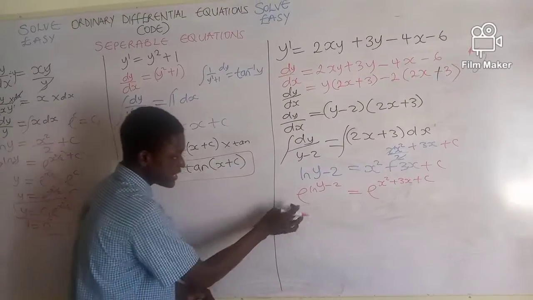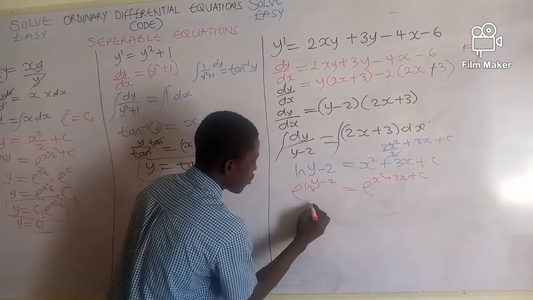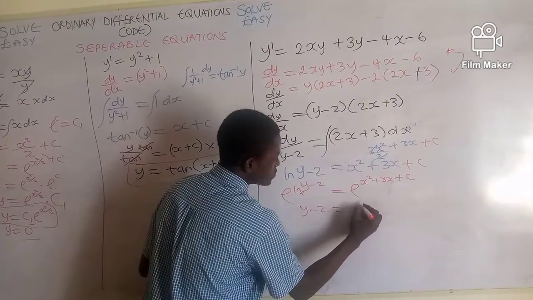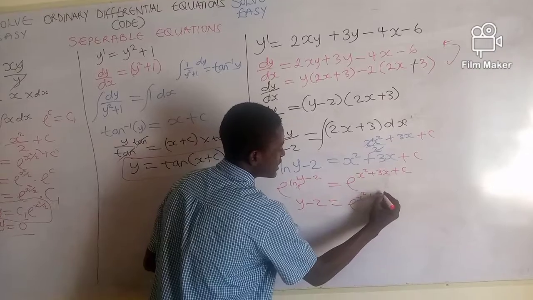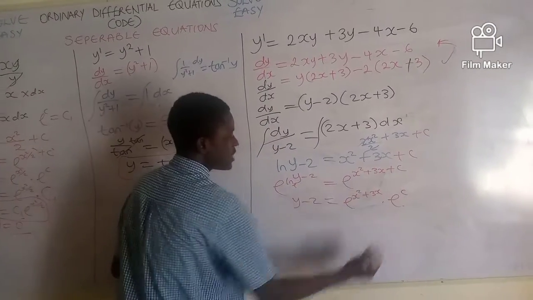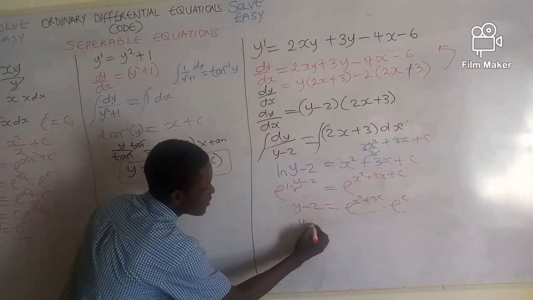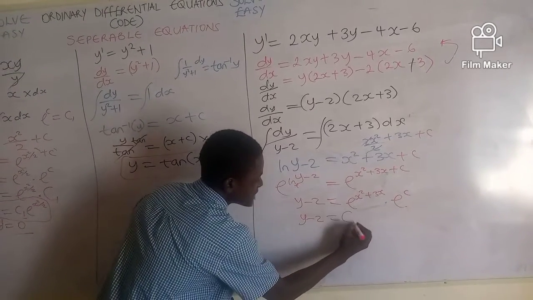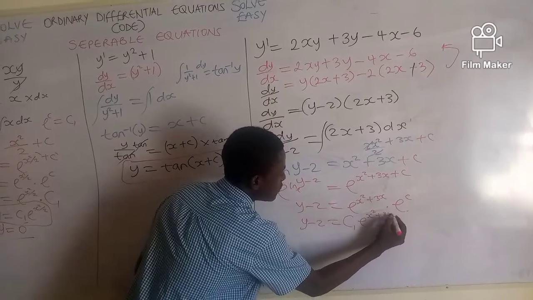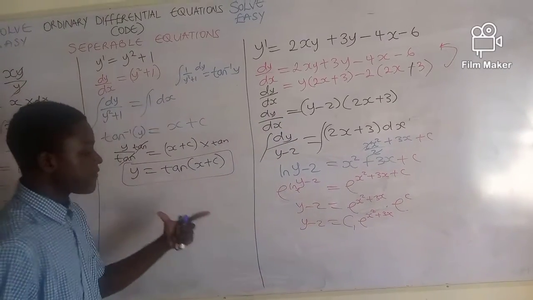Therefore, this gives us y minus 2, for the reason we said before, equals the exponent of x squared plus 3x times the exponent of c. This exponent becomes another constant. We would have y minus 2 equals that constant times e to the exponent of x squared plus 3x.